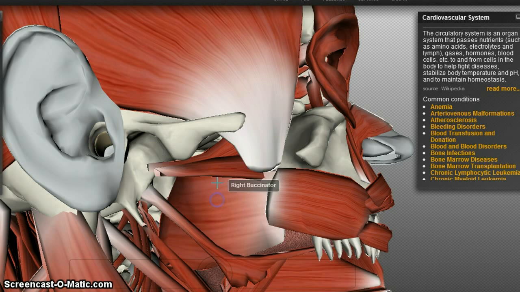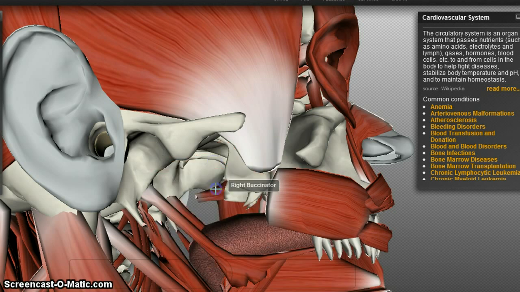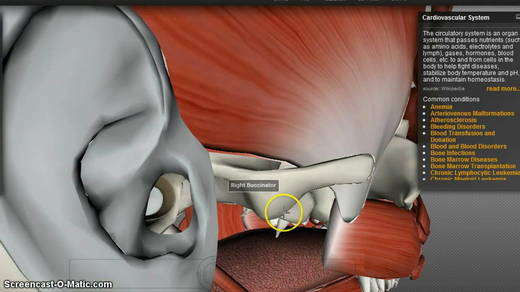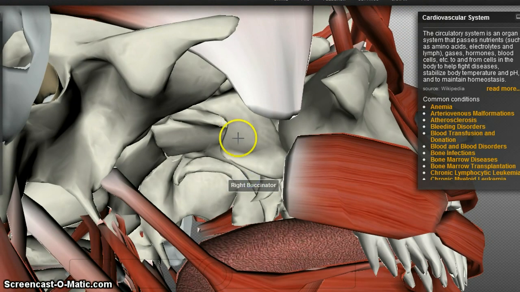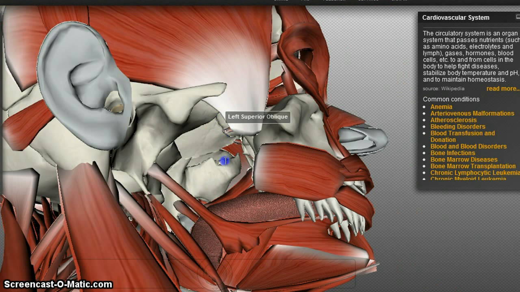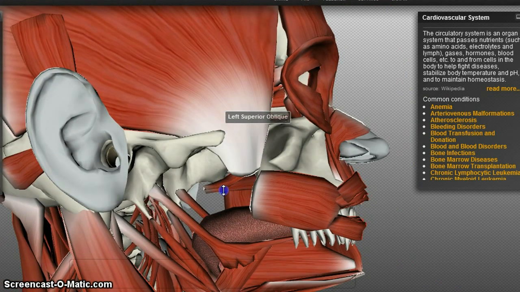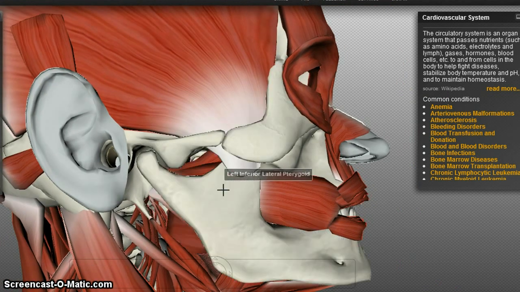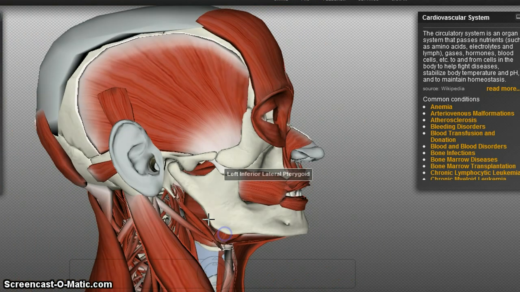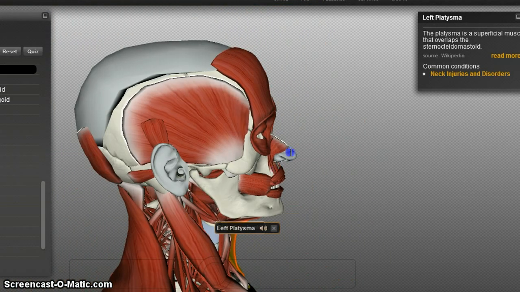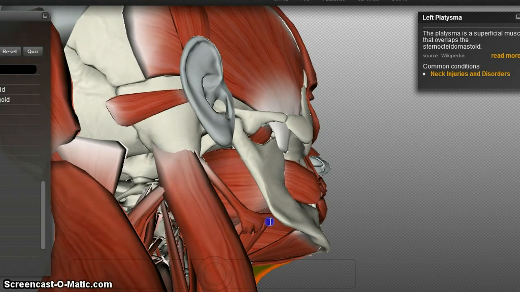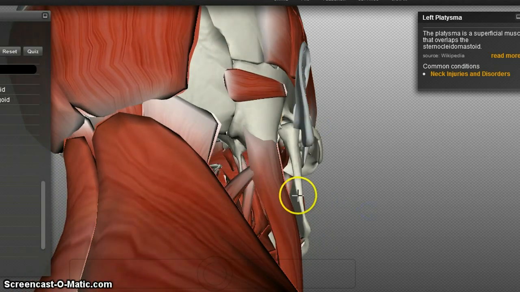It originates from the medial surface of the lateral pterygoid plate, which is about here, and it inserts into the medial angle of the mandible. This is the angle. The medial will just be the medial aspect of the inside of the mandible around the angle.